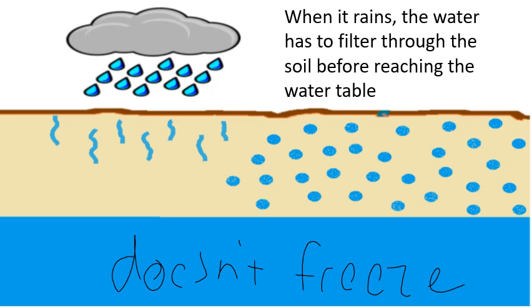It doesn't ever get hot, but it doesn't ever get super cold either when you're deep underground. So the groundwater doesn't freeze. But this water up here that was working its way through the soil to get to the groundwater, the soil can get very cold. And if the soil gets really cold, the water in the soil can turn to ice. It can actually freeze.